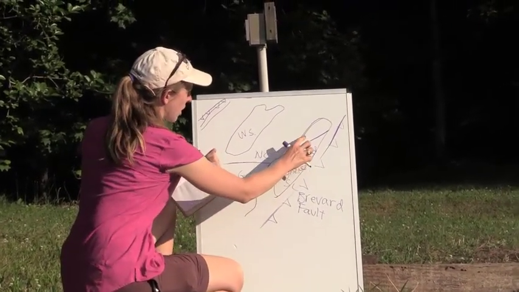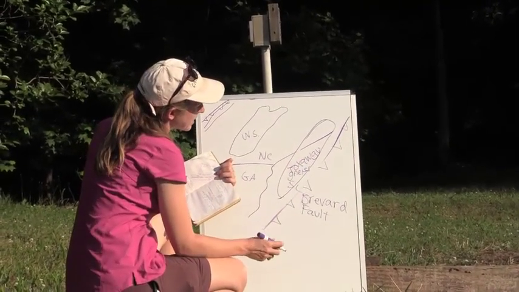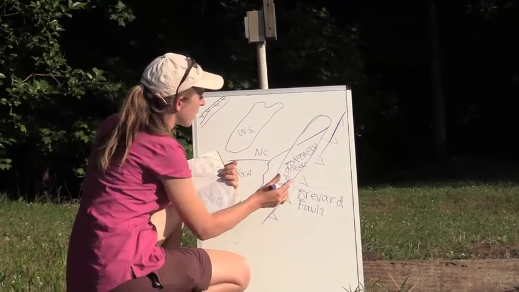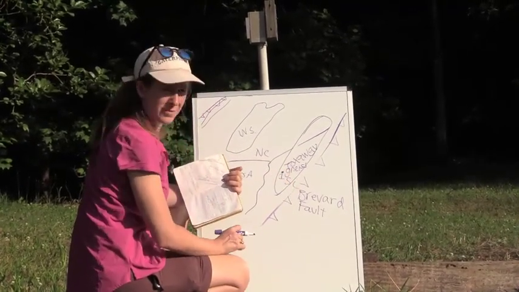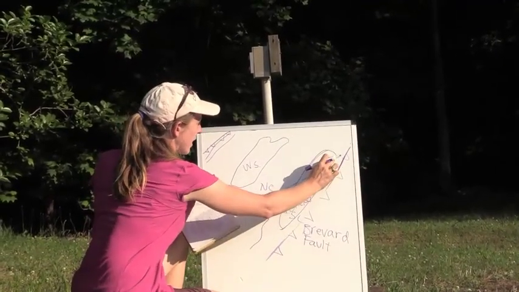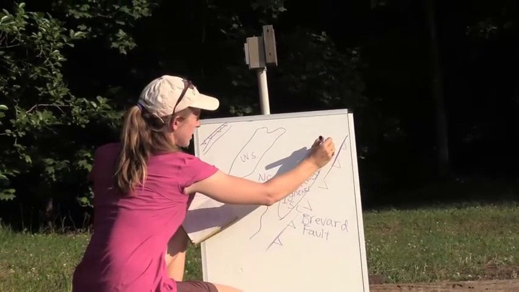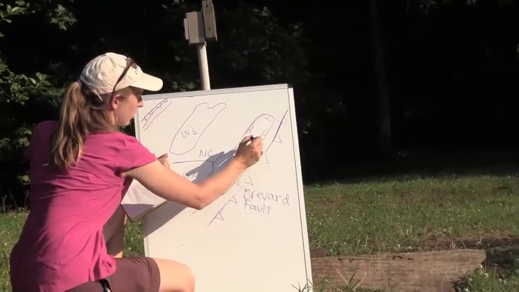So our first stop, the next thing you'll be seeing, is the Toxaway gneiss. Stop number one is located something like here, right inside the Toxaway gneiss dome. The Toxaway gneiss dome basically looks like this. The foliation is dipping on all sides.